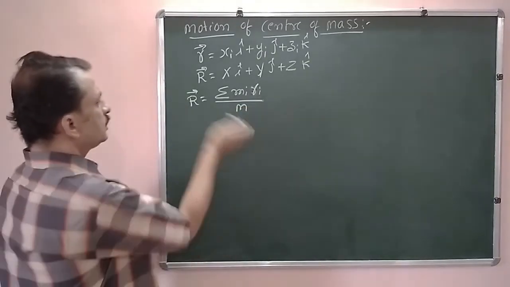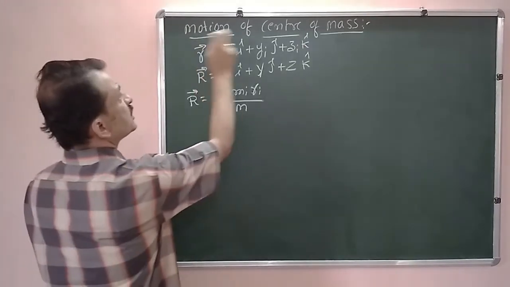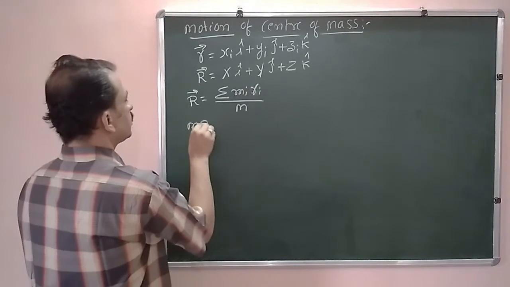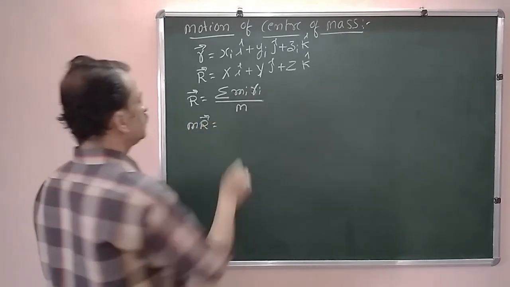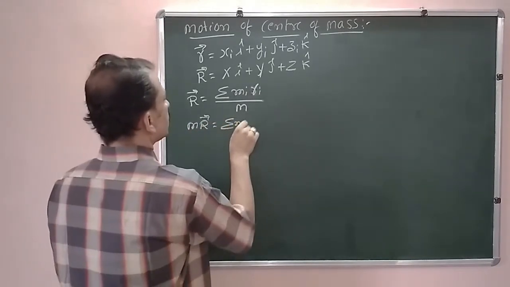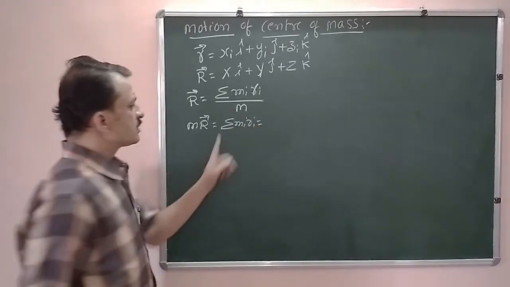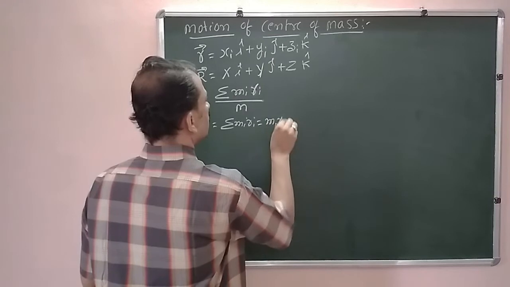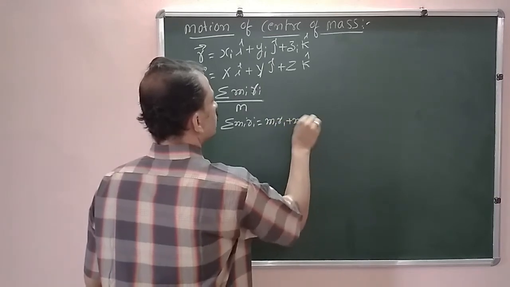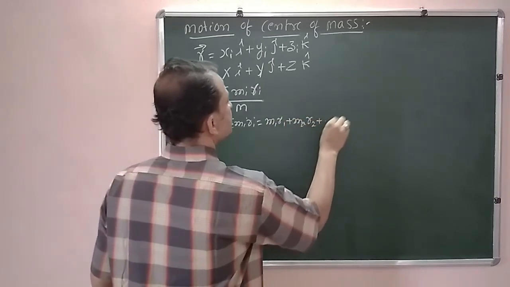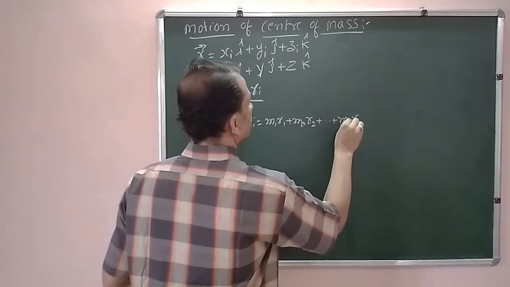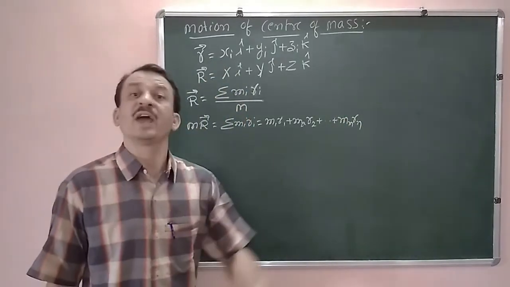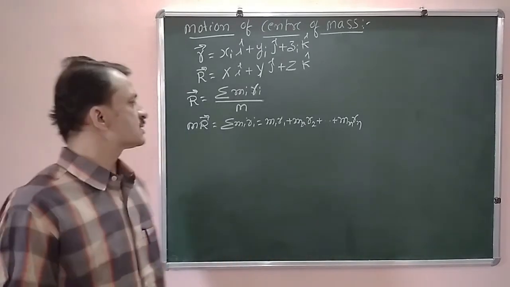Okay. Now we are going to study the motion of the center of mass. Just cross multiply this, we are getting M into vector r is equal to sigma mi ri. Now what is the meaning of sigma mi ri? It is m1 r1 plus m2 r2 plus etc. mn rn, since it is having n number of particles.